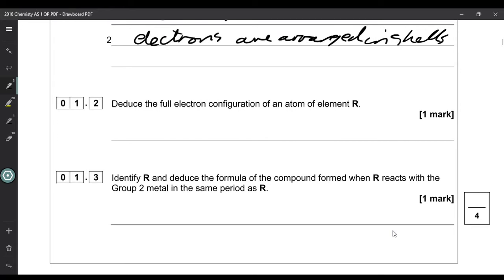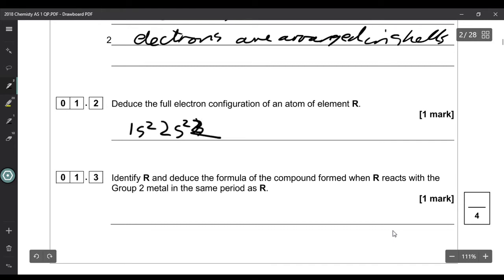We know we start with 1s, and that has 2 electrons, and we've still got some left over. So we then go to 2s, and that has 2 electrons. So we've accounted for 4 of them, so we've got 3 more to account for. So we go to the 2p, and we put 3 remaining electrons in there.